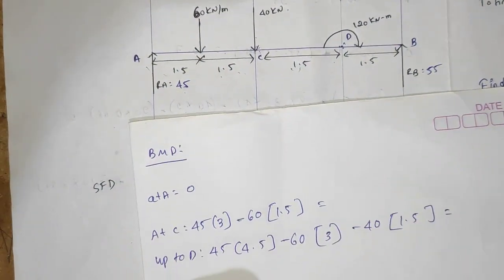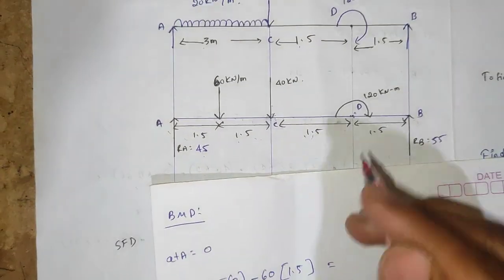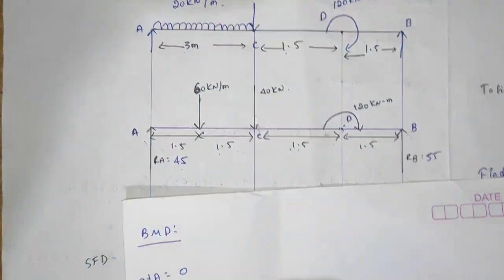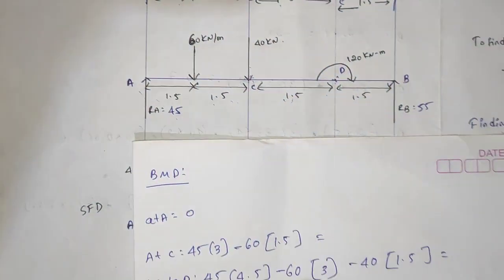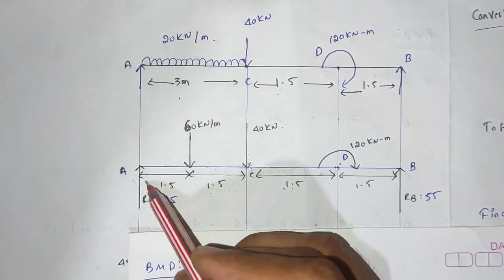At D, plus 45 into the distance, which is 4.5, 3 plus 1.5 is equal to 4.5.